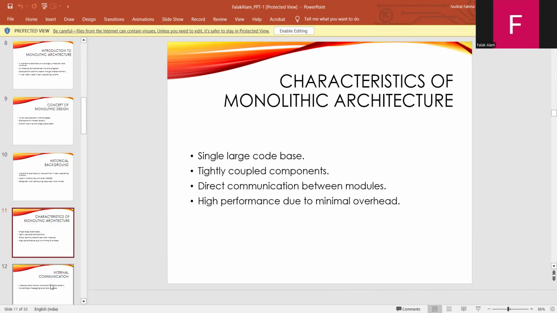Modules communicate directly using function calls and shared memory, which may result in faster communication. Since the modules are tightly coupled, the communication is direct, which results in faster communication.